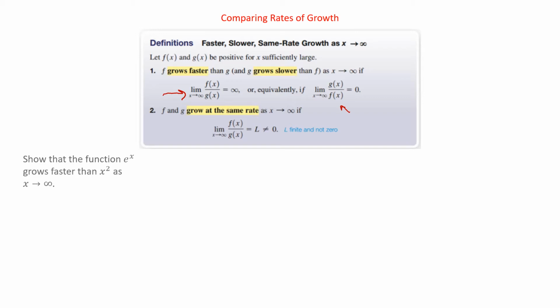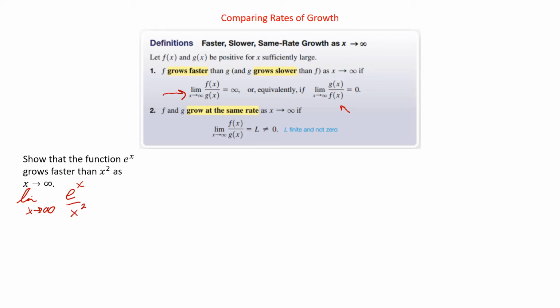So how can we do that? Show that the function e to the x grows faster than x squared as x goes to infinity. So what we're going to do here is take the limit as x goes to infinity of e to the x over x squared.